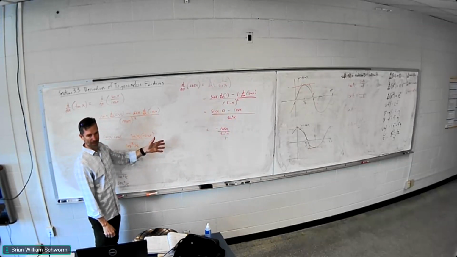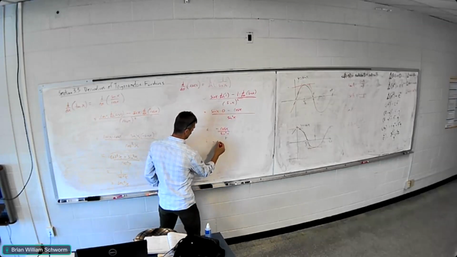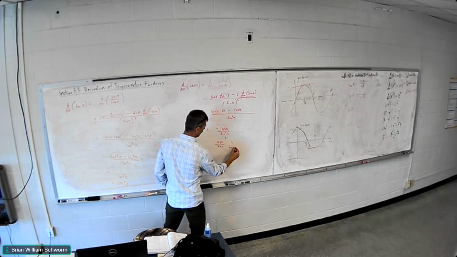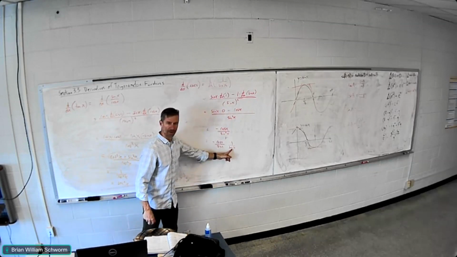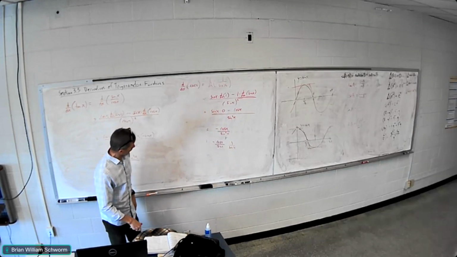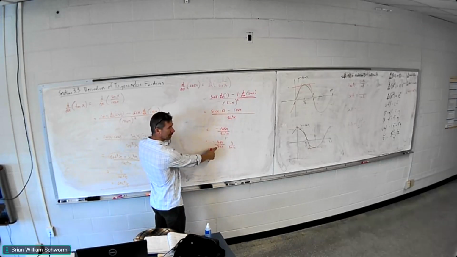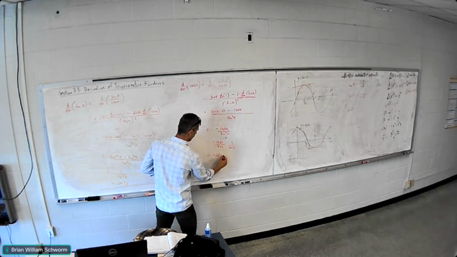So basically done, but I can make that look a little better as well. What I could do is rewrite this as negative cosine of x over sine of x times 1 over sine of x, splitting that sine squared up. And then cosine over sine is cotangent, so negative cotangent of x.